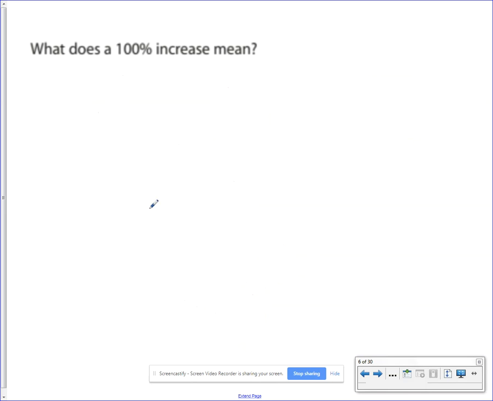So now let's go back here. It said, what does 100% increase mean? Well, 100%, first of all, means the full amount of the original, or the full amount equal to the original.